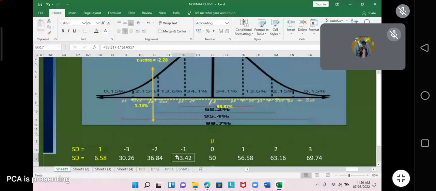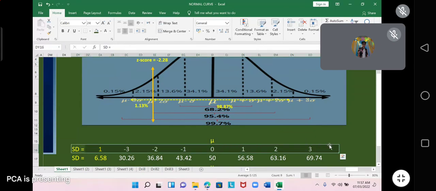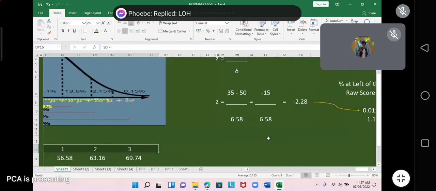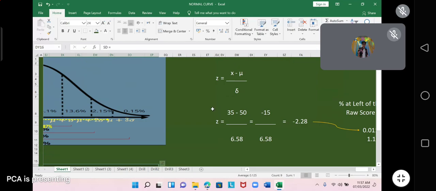So this representation of 6.58, the standard deviation, and the mean, you can actually have them in this standard normal distribution if you apply the formula. This is the z-score formula. What is the z-score of 35?